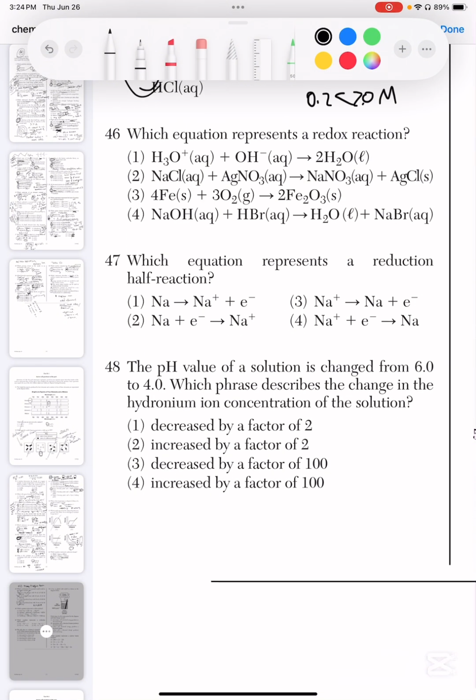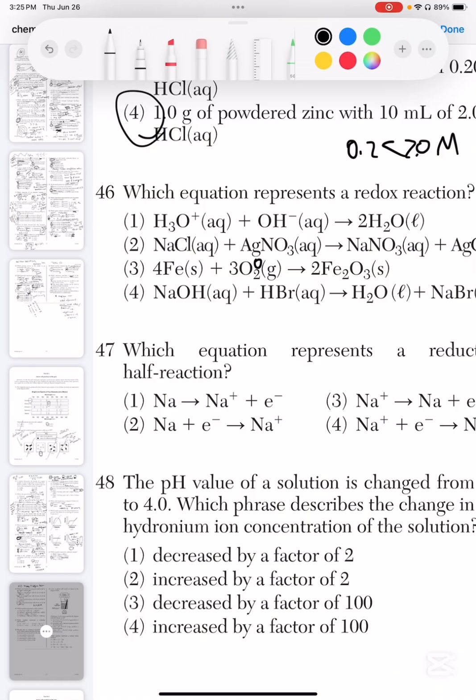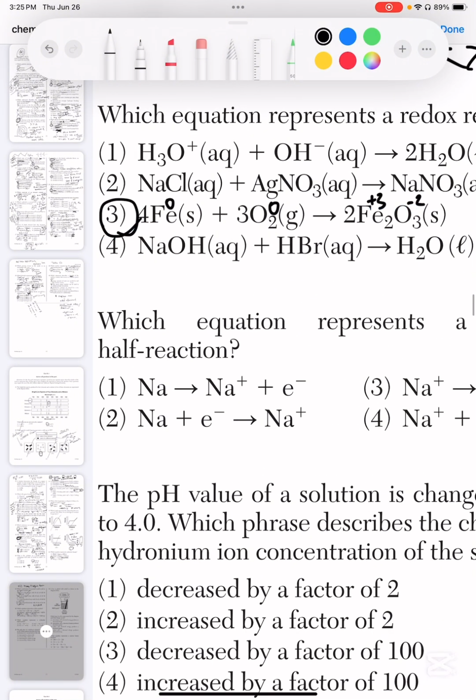Redox reaction. So there's a change in oxidation numbers. It's this one, because going from left to right, the iron was oxidized, and this was reduced.